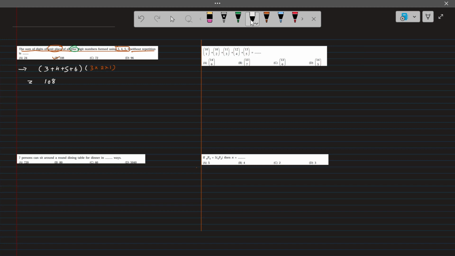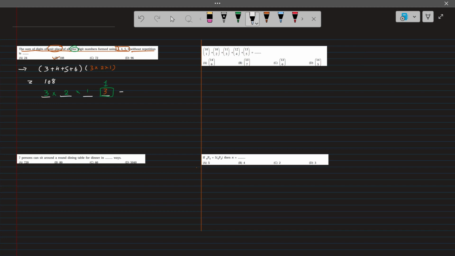Now, how is this option created? Basically, we are creating a 4-digit number. If we fix 3 at the unit place, then we cannot use 3. Now we are left with just 4, 5, and 6. Any 3 can be placed at the first, then any 2 numbers can be placed at second, and any 1 number can be placed at third. This is our fixed number and should be 1.